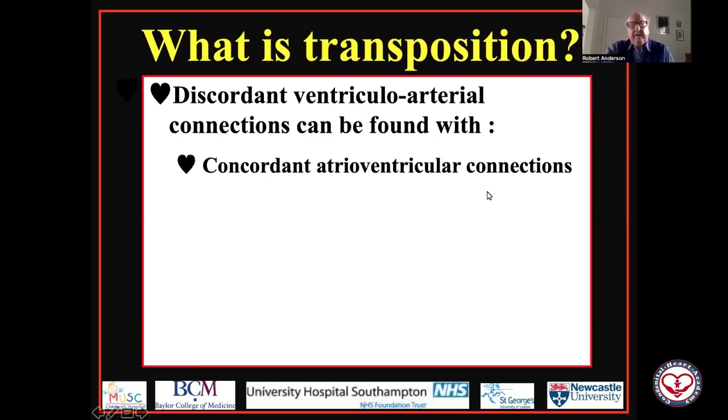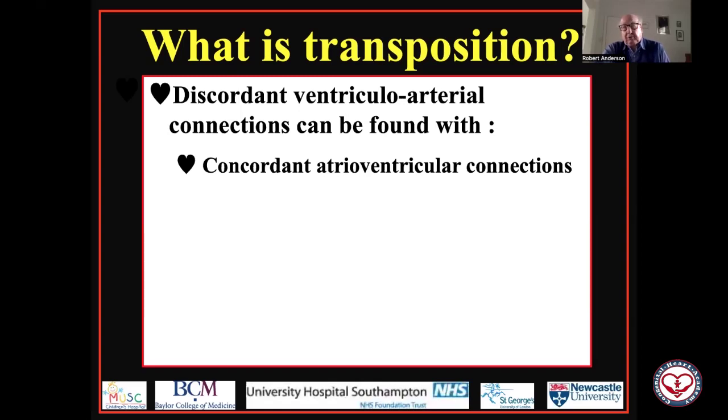So what you've now seen is transposition having discordant ventricular arterial connections with concordant atrioventricular connections, yet an example in which, despite the aorta arising from the morphologically right ventricle with usual atrial arrangement, the aortic root was left-sided relative to the pulmonary trunk.